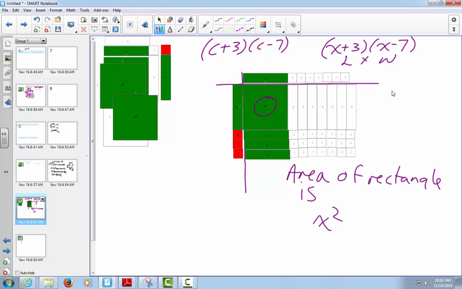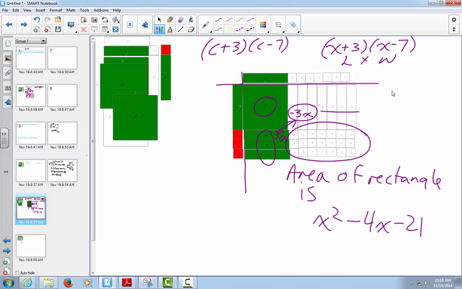I have 3 positive x's, 3x, and they're going to cancel with negative 3x. Those cancel, and it leaves me with negative 4x. And then all of these units are part of the area, negative 21.